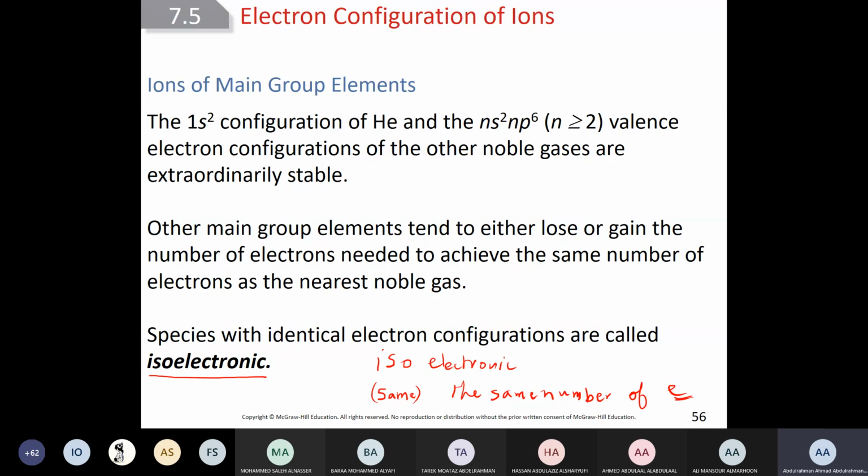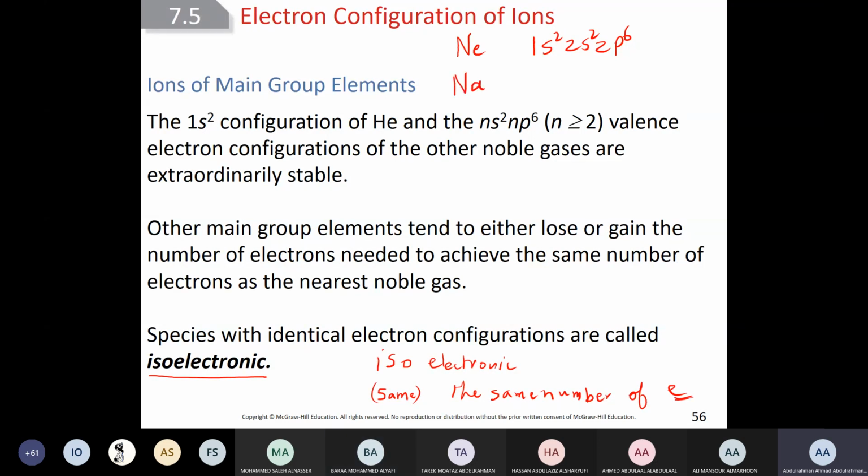Okay, good. Example. What's the electronic structure of Ne? Neon: 1s2, 2s2, 2p6. Yes, it's 10.